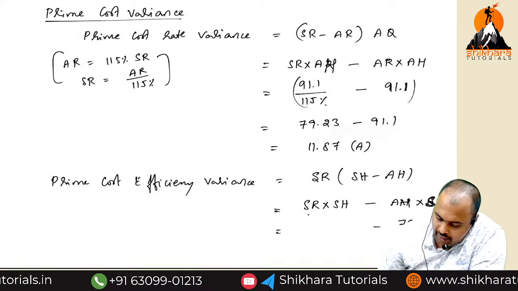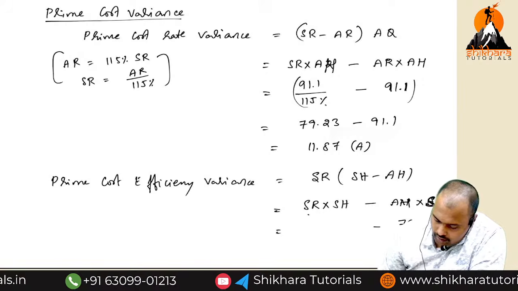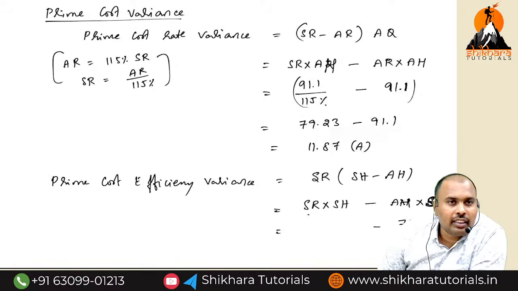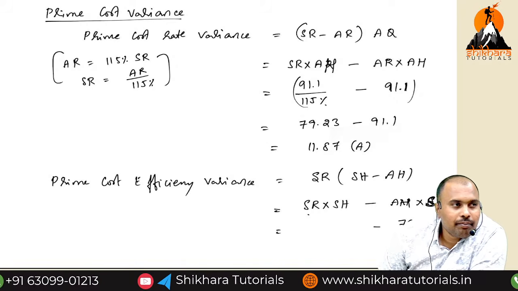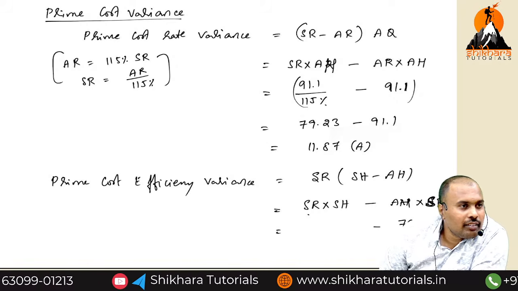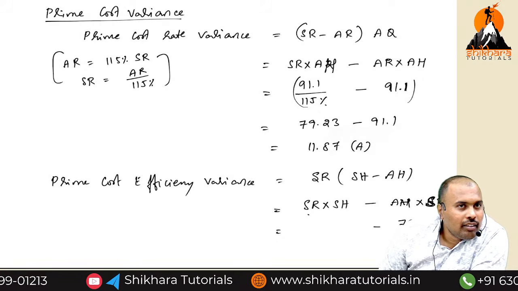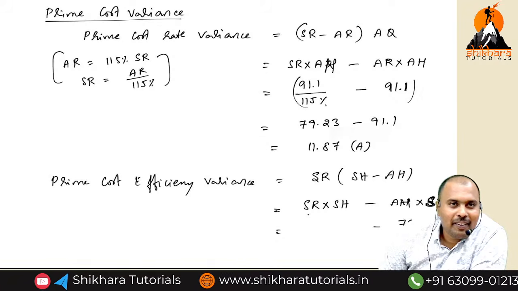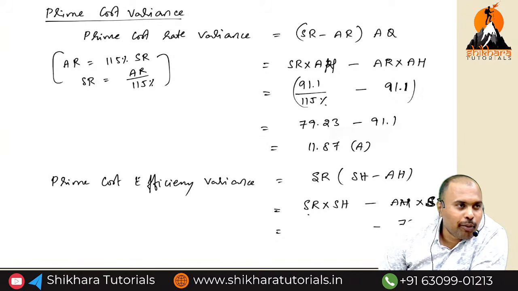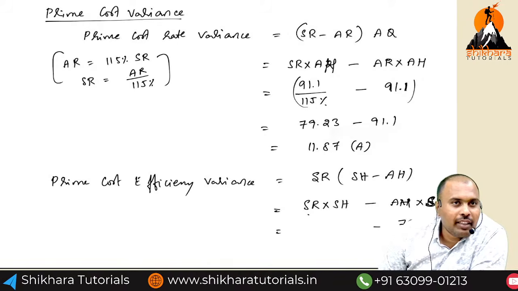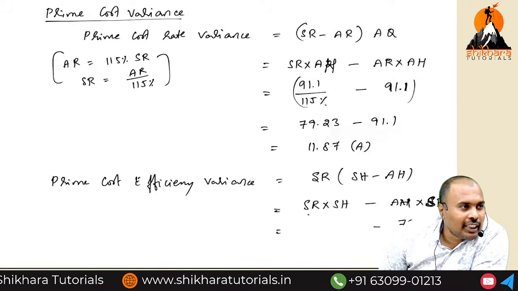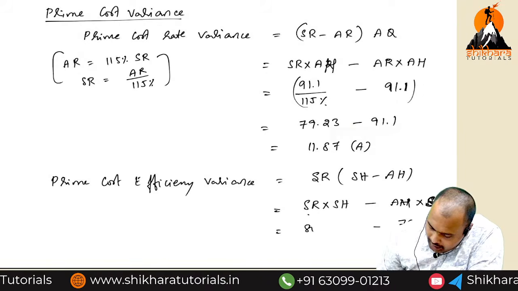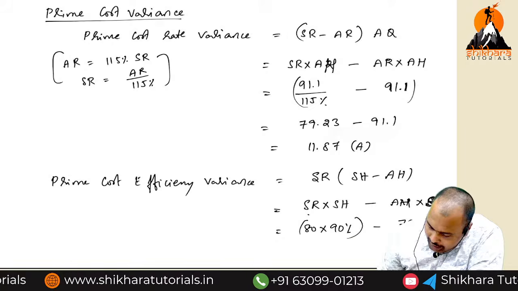This is nothing but standard cost, which is the budgeted cost for actual production. What is the difference between budgeted quantity and actual quantity? 10% only. Then it has to be 80 into 90 percentage.